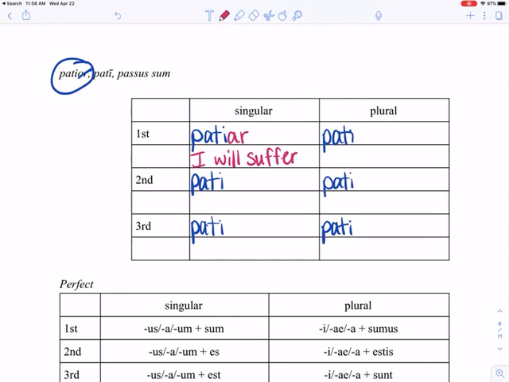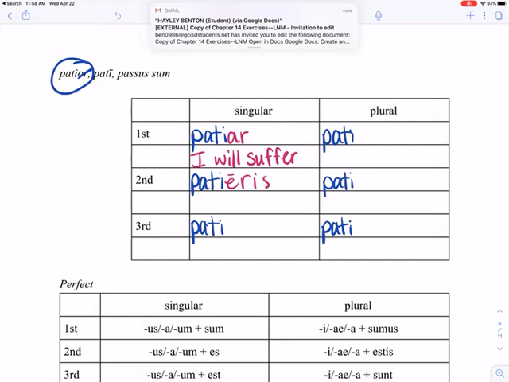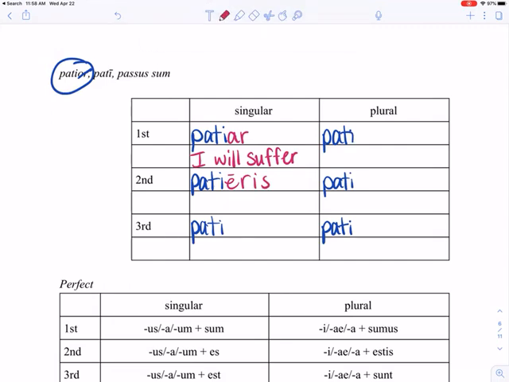Second singular, we are going to add that E with a macron, and then ris, so we'll have patieris, and this is you will suffer. Third singular is patietor, and this is he, she, or it will suffer.